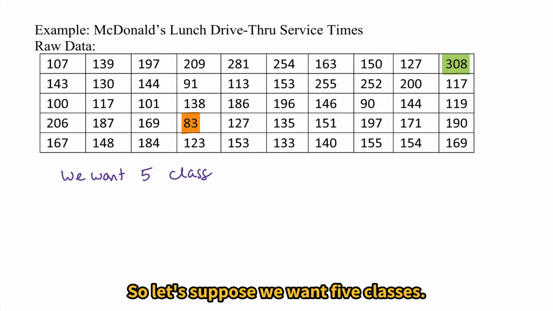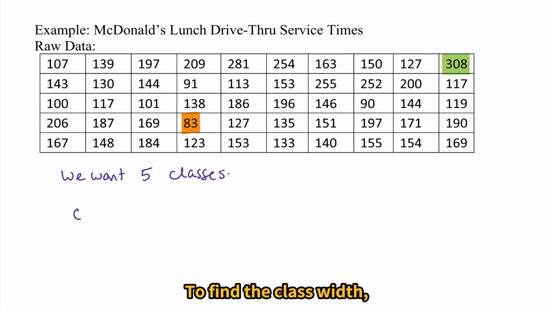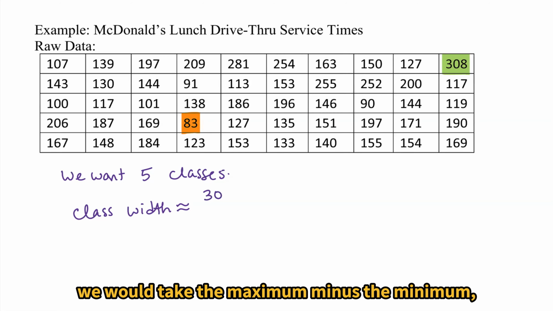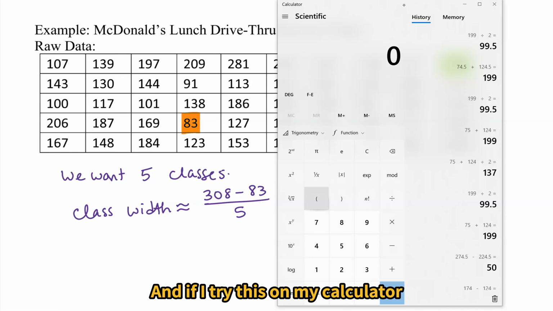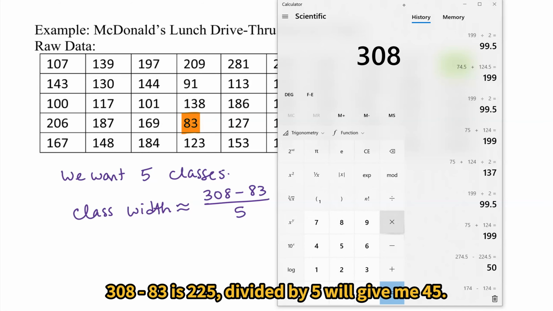So let's suppose we want 5 classes. To find the class width, we would take the maximum minus the minimum divided by the number of classes. And if I try this on my calculator, 308 minus 83 is 225 divided by 5 will give me 45.